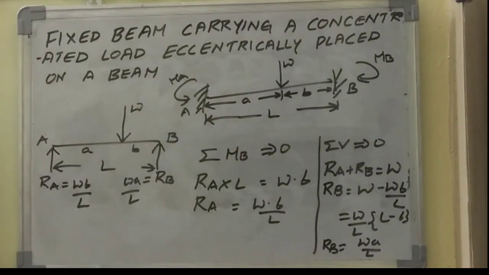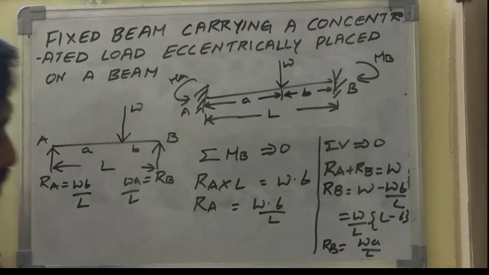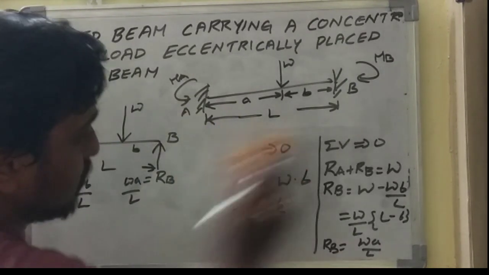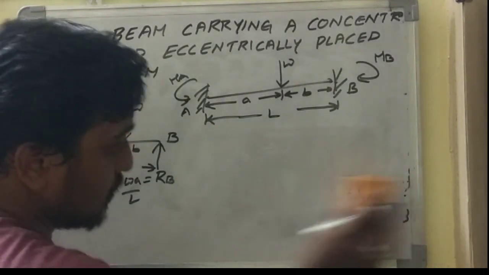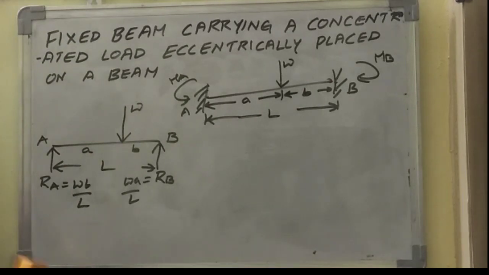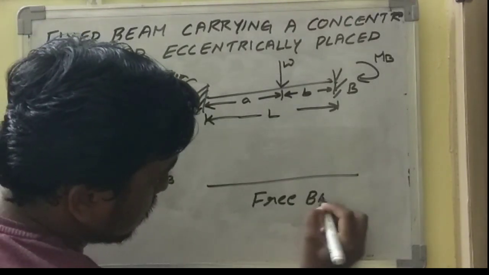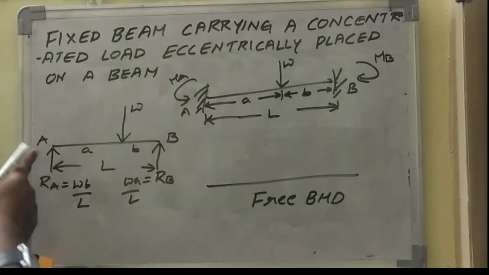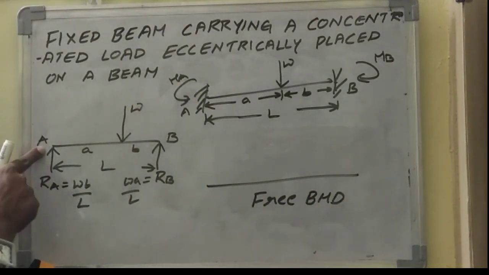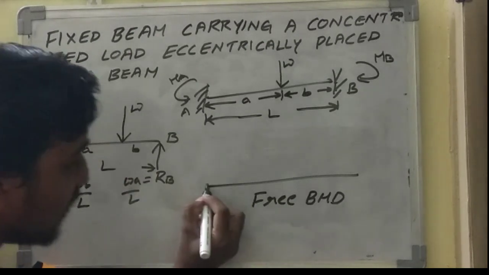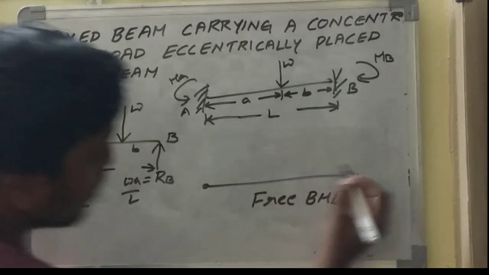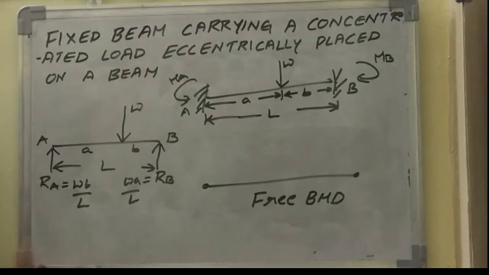Based on that, you can draw the free bending moment diagram. So I am drawing here the free bending moment diagram. See here, the moment at end A for a simply supported beam will be equal to 0. Moment at B also equals 0, because for a simply supported end, the moment is always 0.